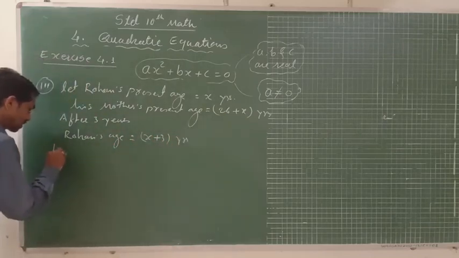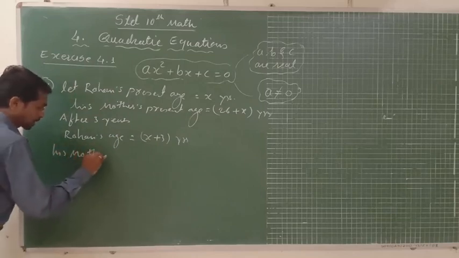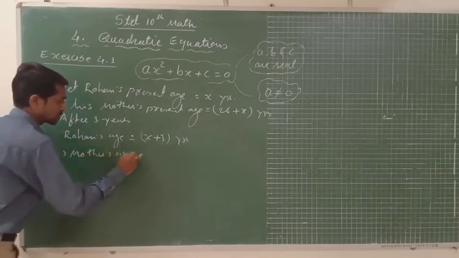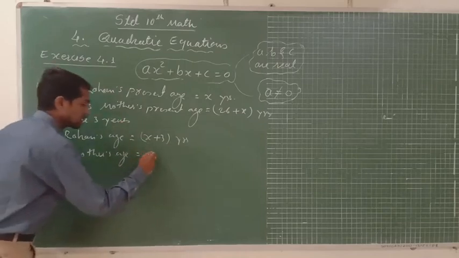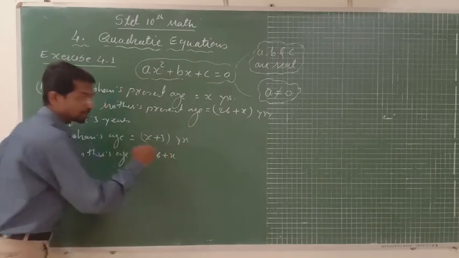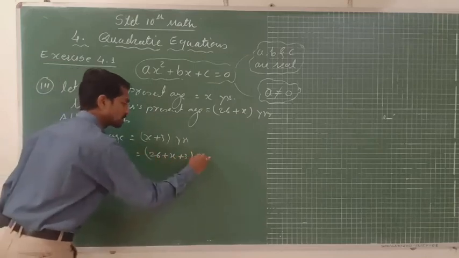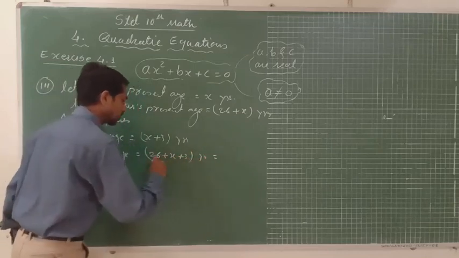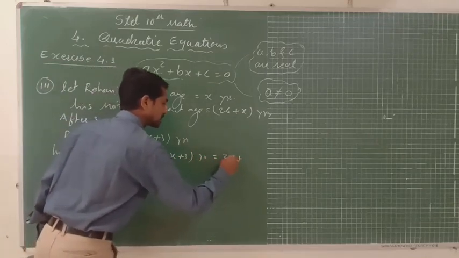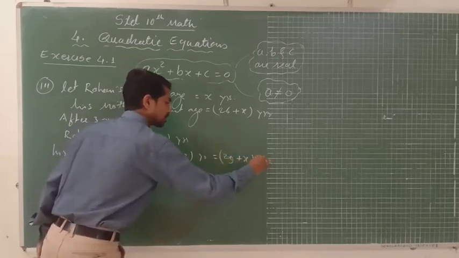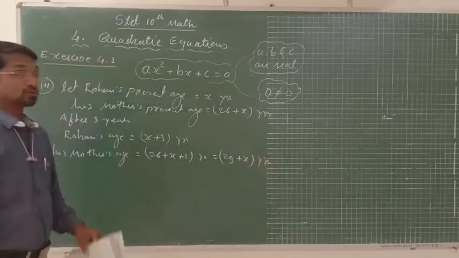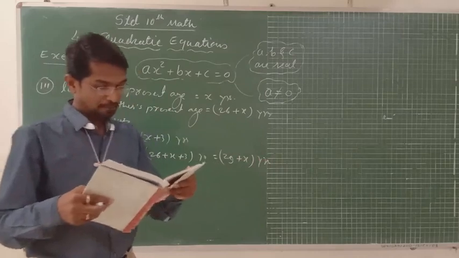And his mother's age after 3 years is 26 plus x, the present age, plus 3 years, which is nothing but 29 plus x. Now see the condition. What is given there?